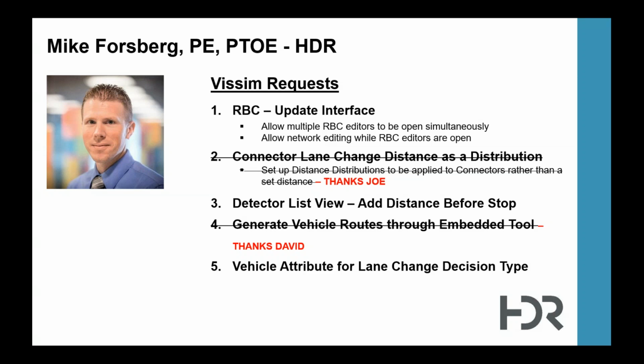But one thing that would have been a much simpler way for us to check is if we knew that a vehicle in a trailing position of a platoon were making a lane change for a downstream turn decision versus making a lane change because they were violating some form of safety distance in front of them. We would basically say, if you're a trailing CAV, we would restrict you from making a lane change unless you are doing it for a downstream decision. That would have been one way we could have simplified some of the scripting that we were having to develop to accommodate that.